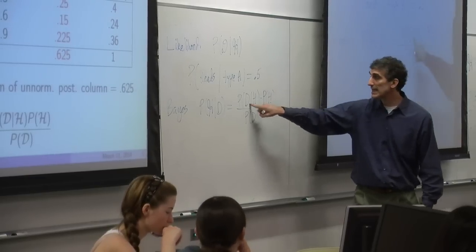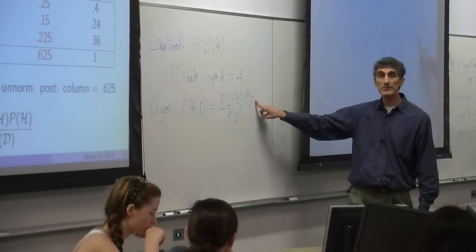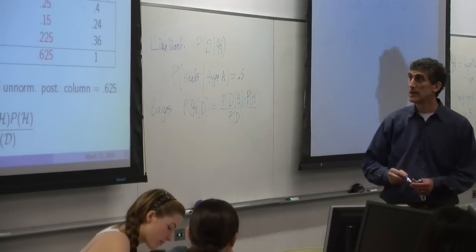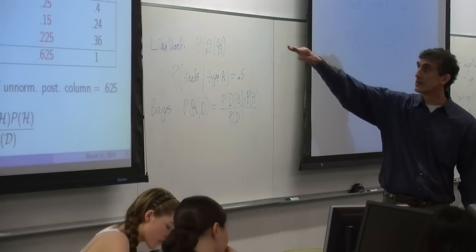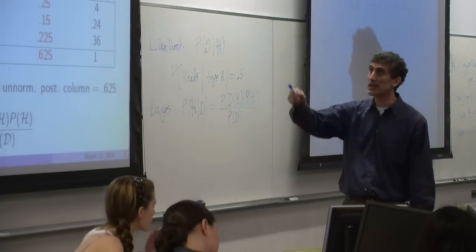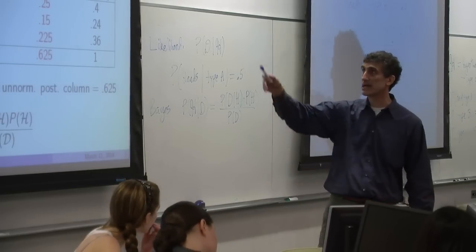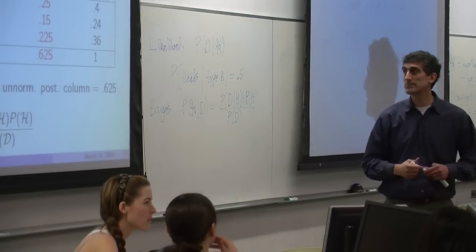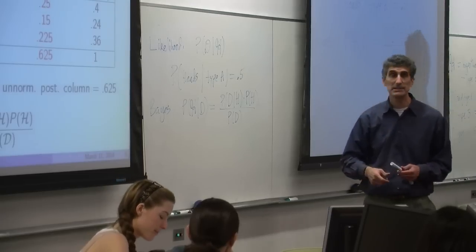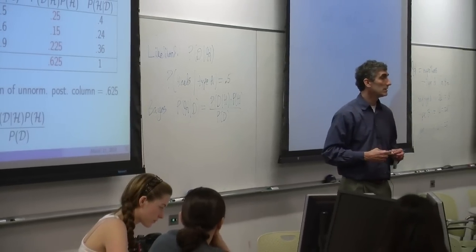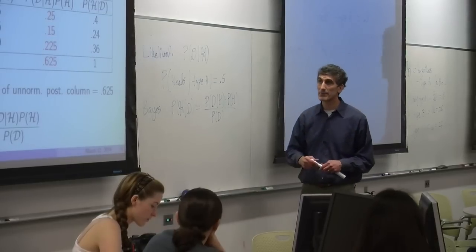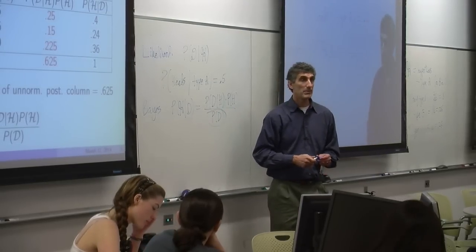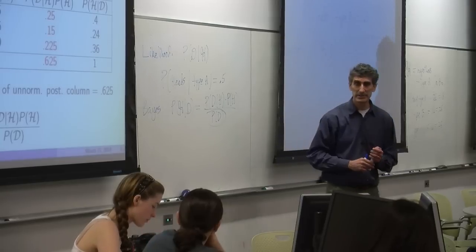That's just our likelihood times our prior belief in our hypothesis. And so what do we get? When I multiply the prior column by the likelihood column, I get this column in red. And I'll call that the unnormalized posterior. Why unnormalized? Because it doesn't sum to 1. How do I get it to sum to 1? There I have to divide by the probability of the data. And how do I get the probability of the data?